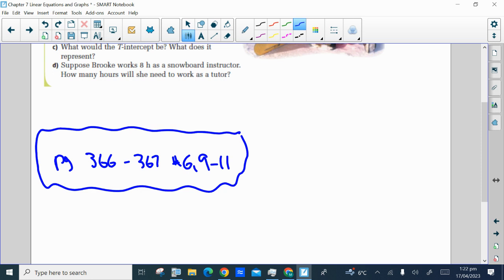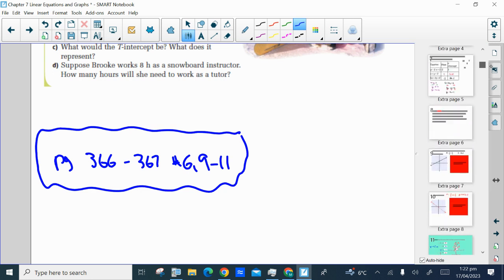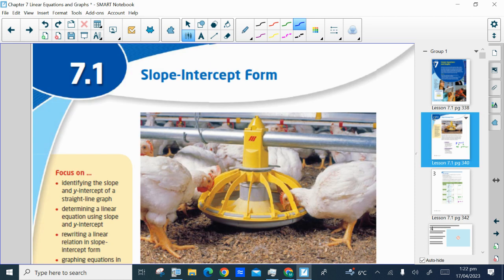Again, you have a quiz coming up on Wednesday on 7.1 and 7.2. 7.1 dealt with our slope-intercept form, our y equals mx plus b. And in 7.2, we learned about general form and finding the intercepts. So that's what your quiz is going to be based on.